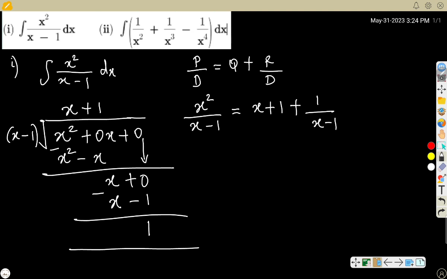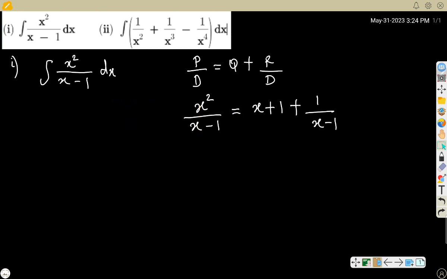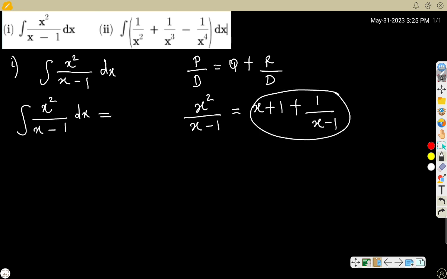So our integral now will change. So let me now clear this. Our question now becomes integral of x squared over x minus 1 dx, which is equal to this expression here. Remember, we have shown that this is this.